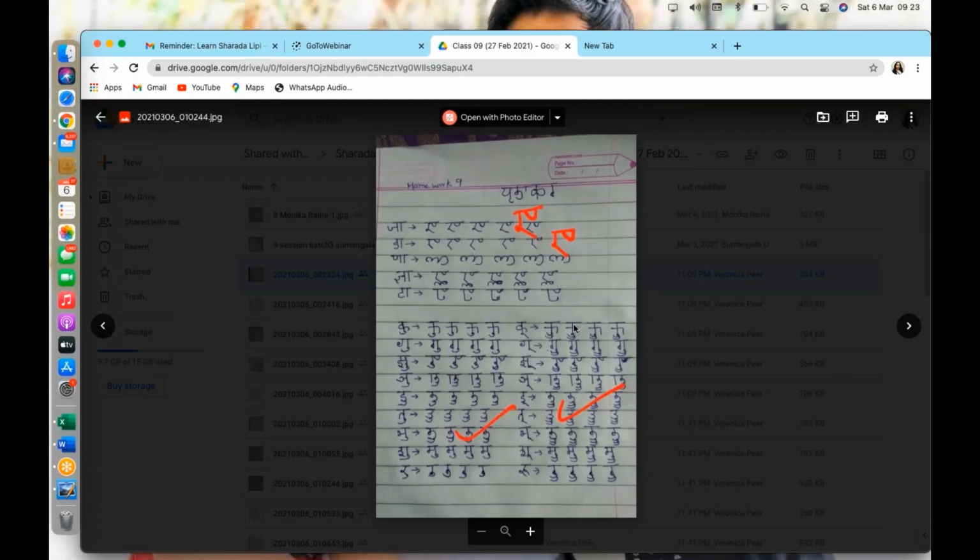Yeah, pretty much the rest of the letters are good. Only in the case of da and ja, again, the corrections have been made, but I would just want to show it once again: this particular portion of your letter, the line has to come straight first.